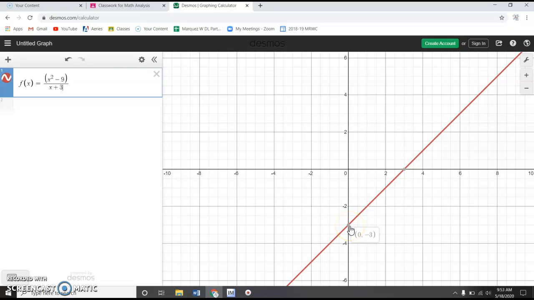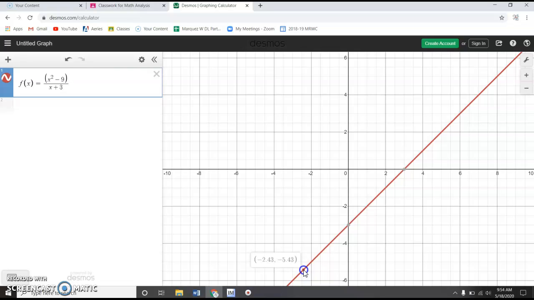But here's the problem. The line contains infinitely many points. So what that means is, in the perspective of infinitely many points, removing just one point doesn't really look all that different than the whole entire line. But do you see this is where x is equal to negative 3? And if I come down here and I hover, so this is a little before negative 3, and if I click on it, do you see that?